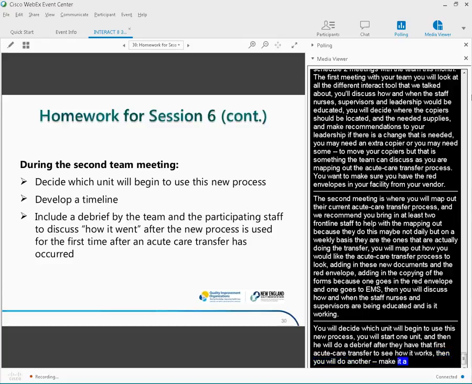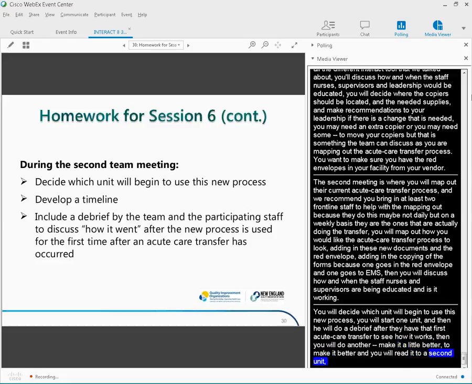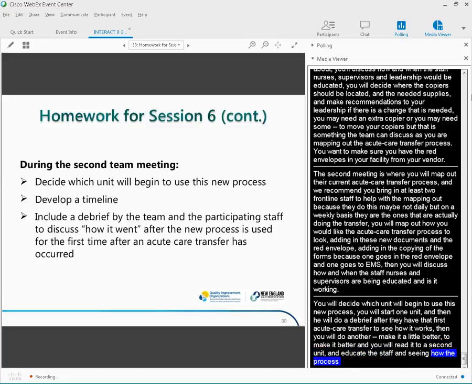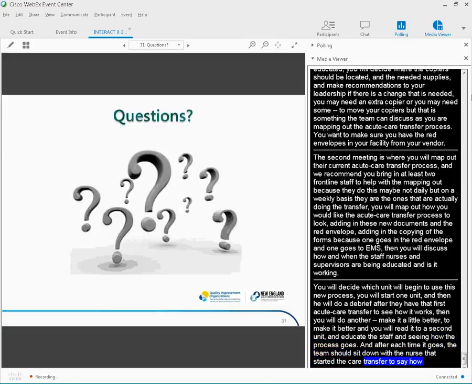Sheila has talked about that in the past. Then you're going to spread it to a second unit, again educating the staff and seeing how the process goes. After each time, the team should sit down with the nurse that started the acute care transfer and ask, how did it go? What worked? What didn't work?